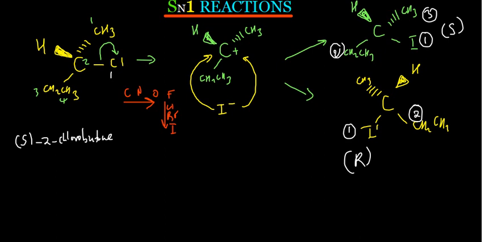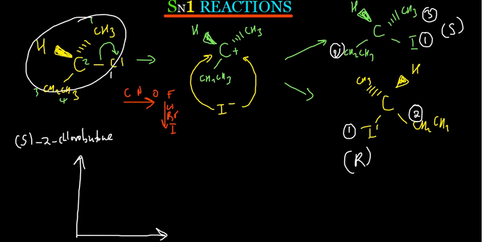So what we get to see for an SN1 reaction is that when you are writing the energy diagram, we are first going to have the breaking of the chlorine or the halogen from the alkyl halide. So the reaction is going to proceed like this. It's going to reach the top here, and then it starts dropping.